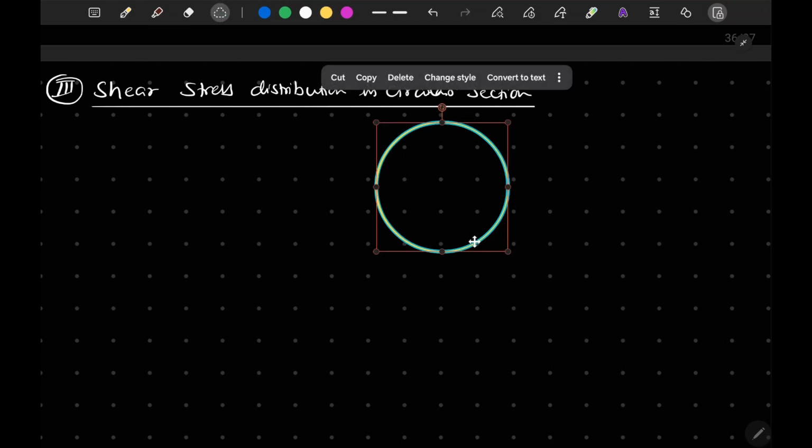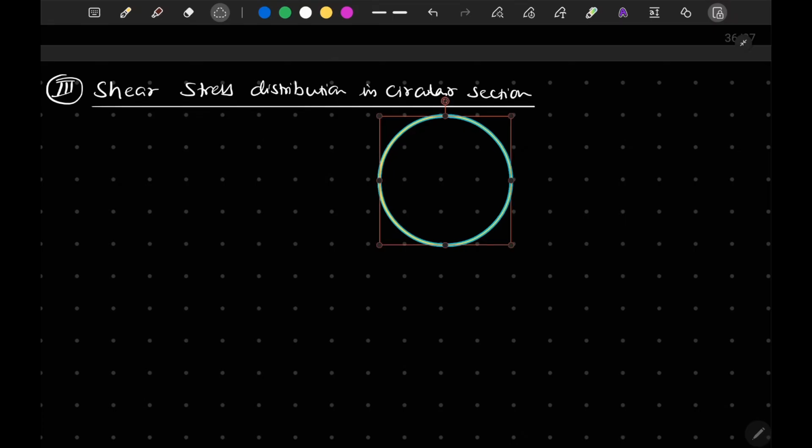Okay, so if I want to draw the shear stress diagram, let me draw a few lines here. So these are our extreme lines.